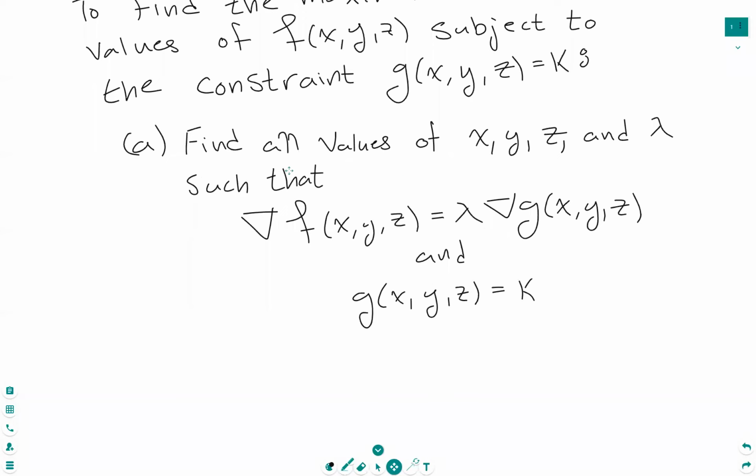So from before, this was our 4 equations. We had the 3 coming from our gradients being parallel, and then we had our 4th expression being this constraint function here.